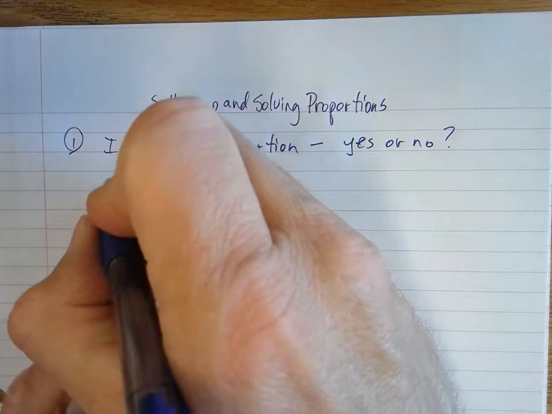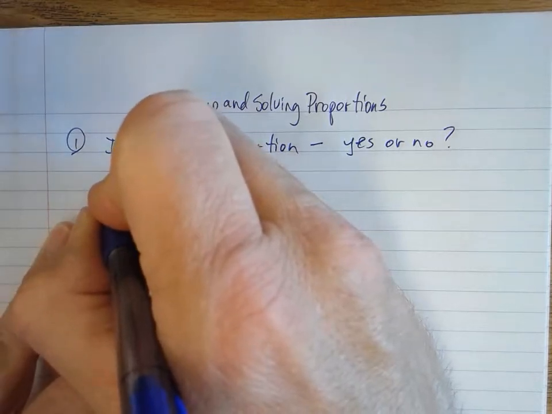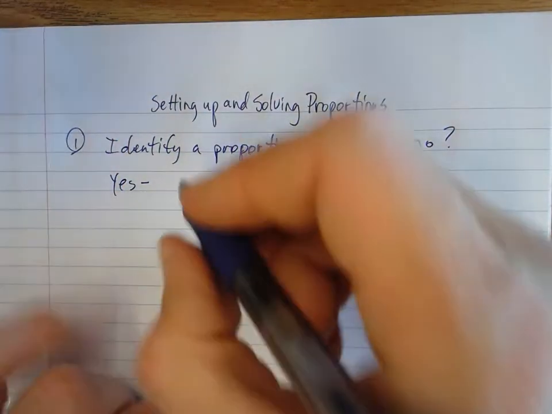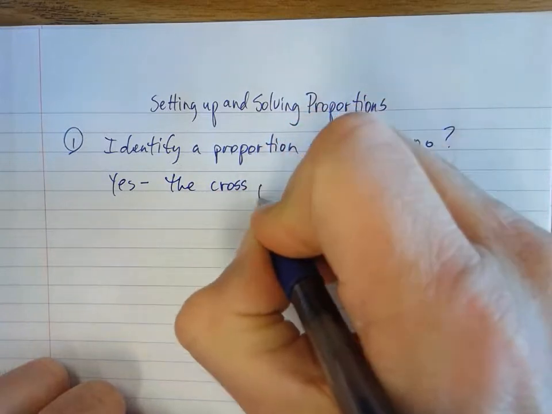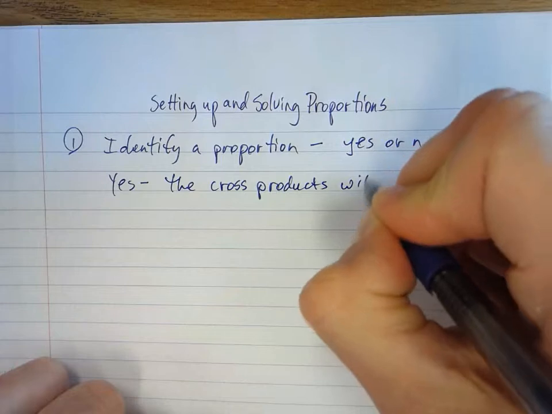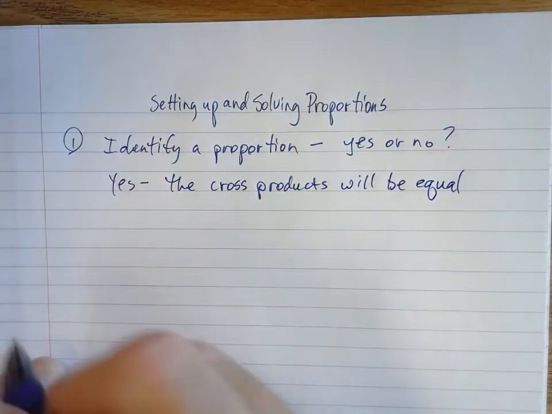Okay, so you are looking for this to be a true or false statement. You are looking for it to be a yes, and if it is a yes, the cross products will be equal. Okay?